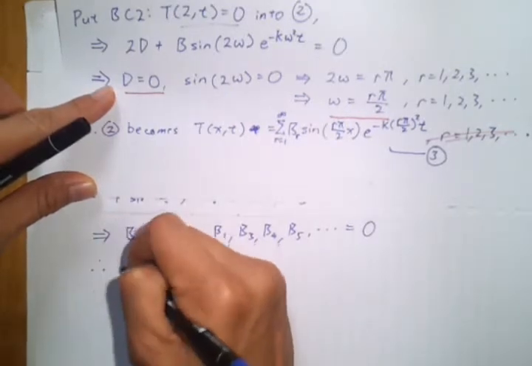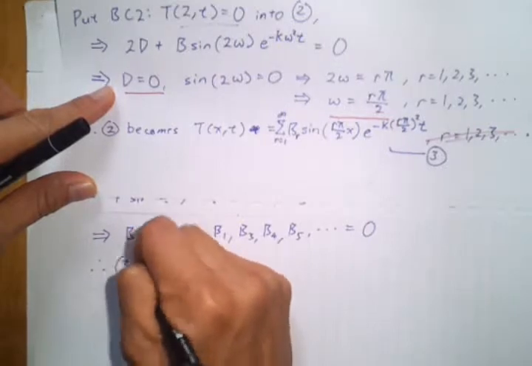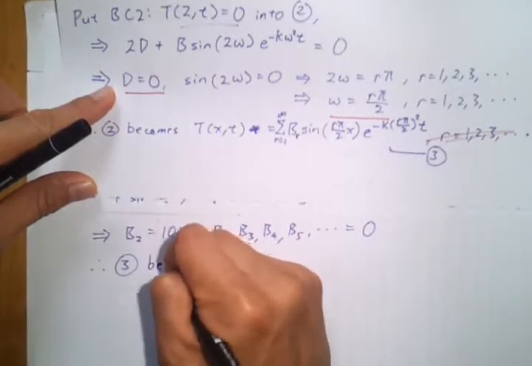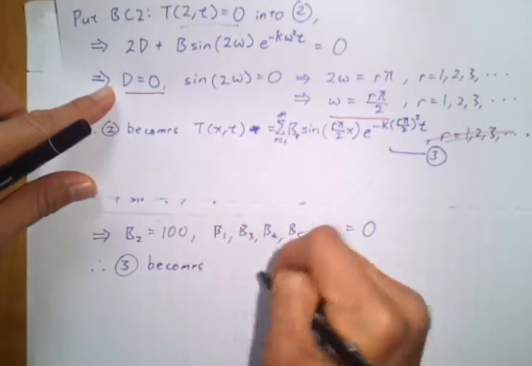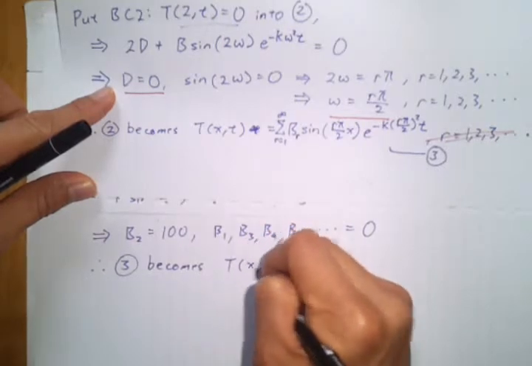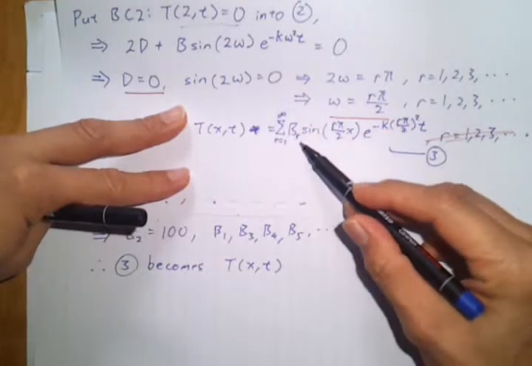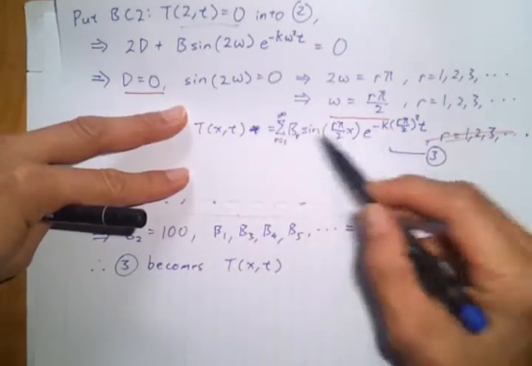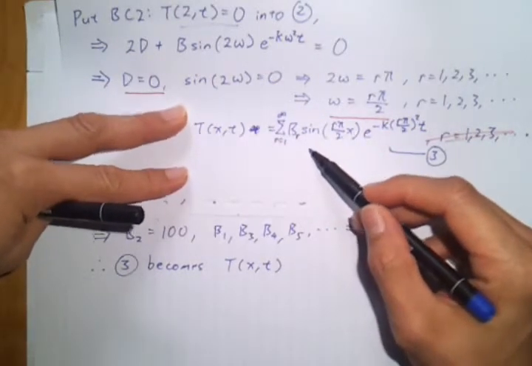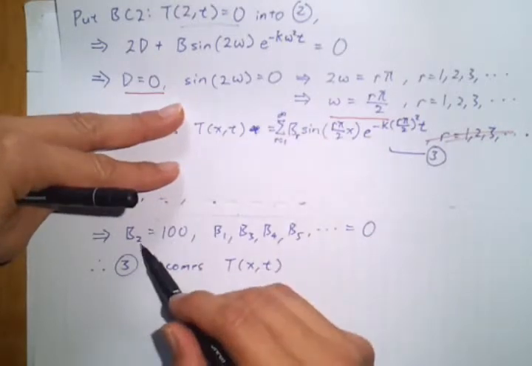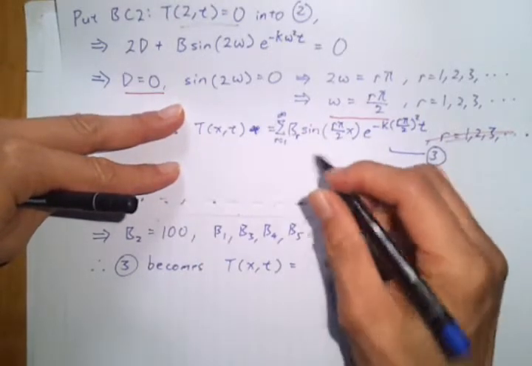Therefore your solution, equation 3, becomes: you have many B_r terms inside here, but only one is not 0, the one that corresponds to r equals 2.